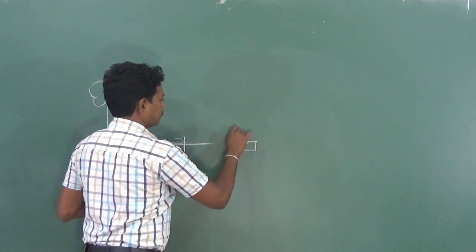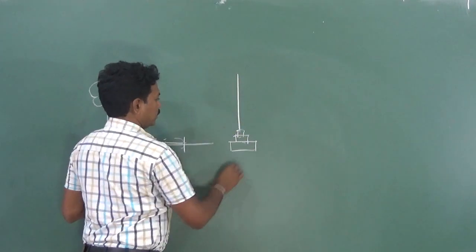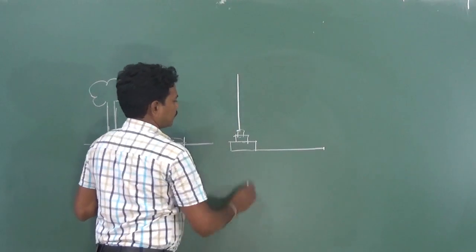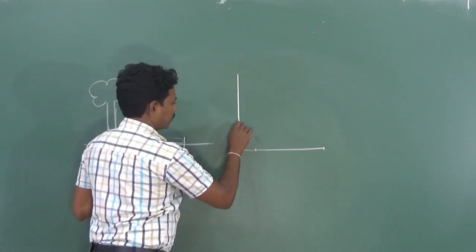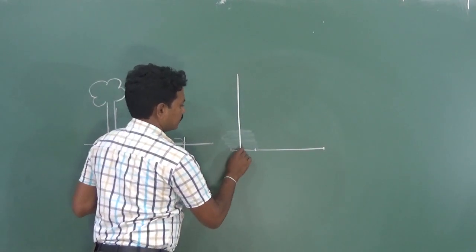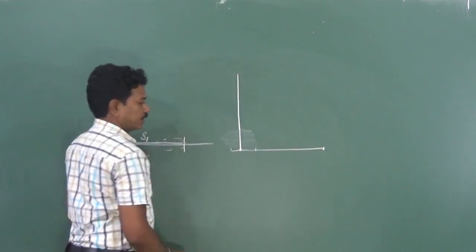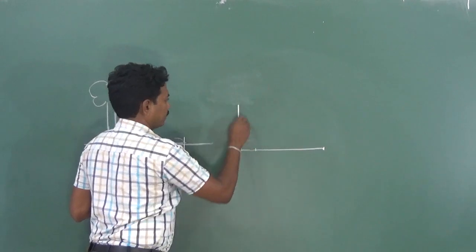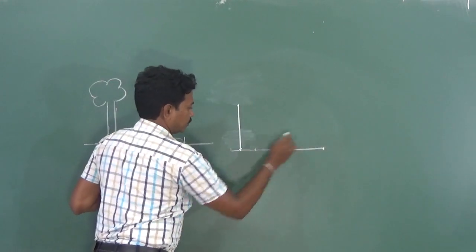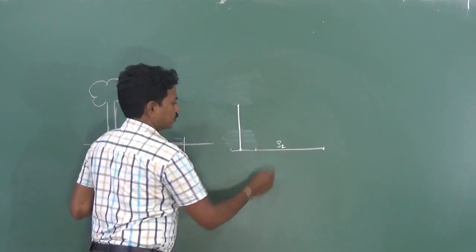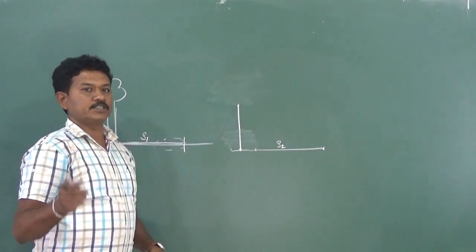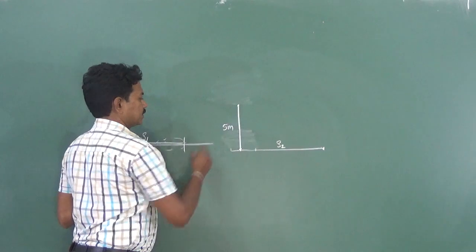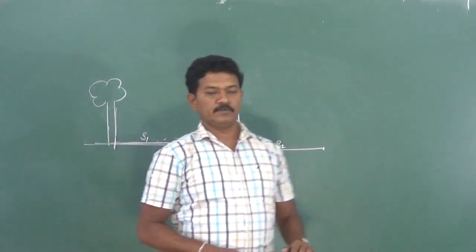He tells him to measure the shadow of the pole. For accurate measurements, let us take this. So this is the length of the shadow he has got. Let us take it as S2. And your mathematics teacher knows that the height of the pole is 5 meters.